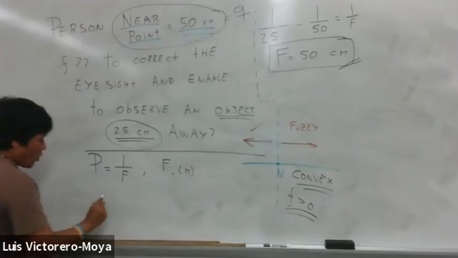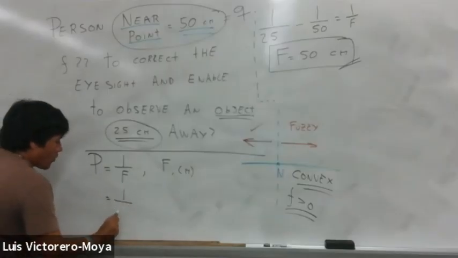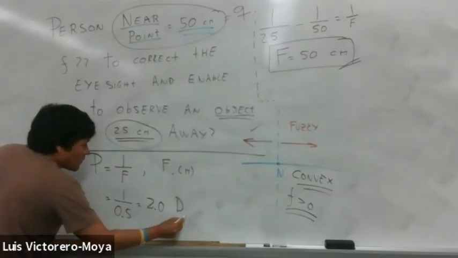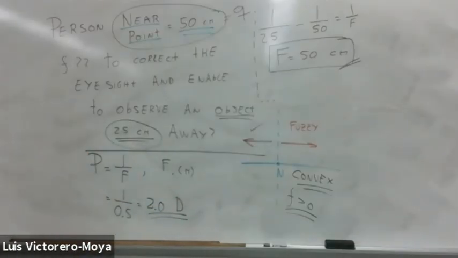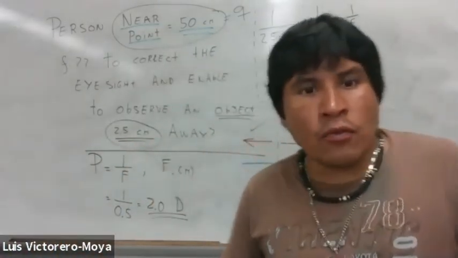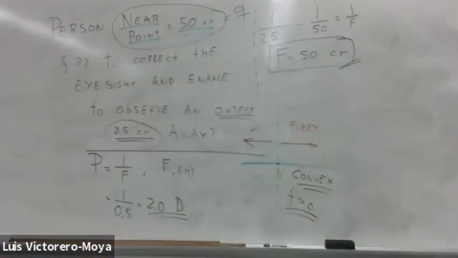So 1 over 0.5 will be 2.0 diopters. So you have already found the focal length and the power of the lens.